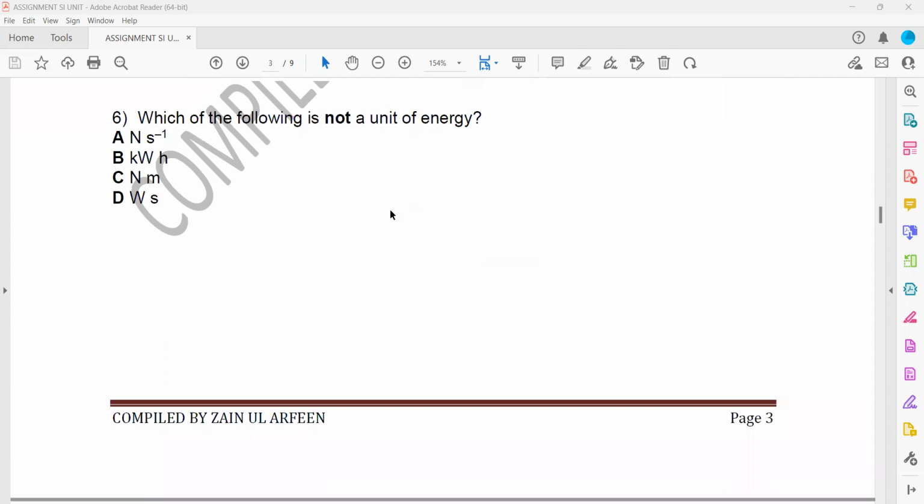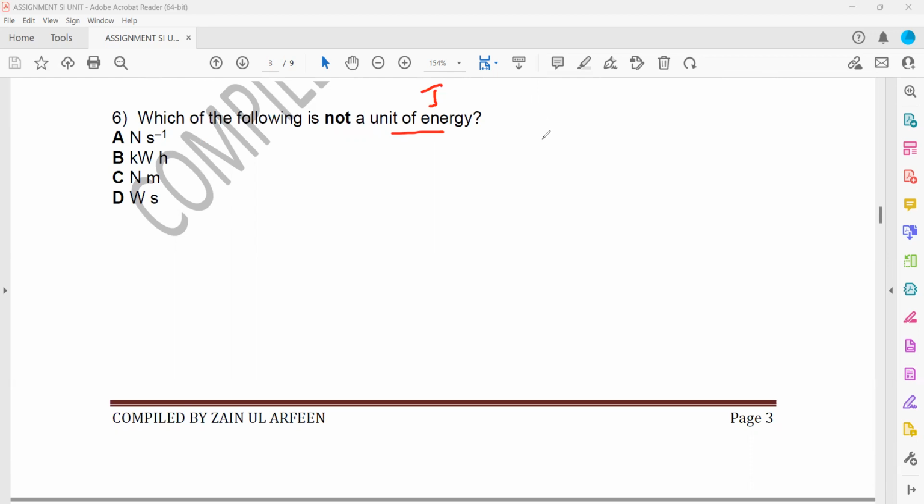Which of the following is not a unit of energy? So to work this out, which one of them is not a unit of energy? You should write a formula, like what are the formulas for energy? The unit of energy itself is joules.